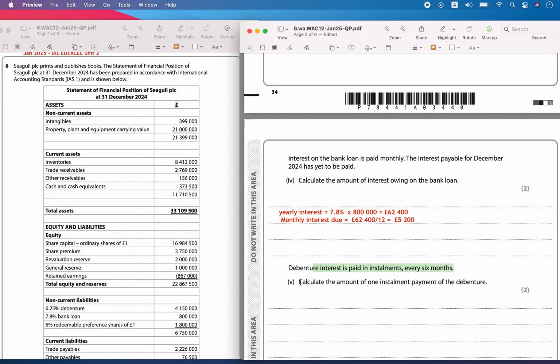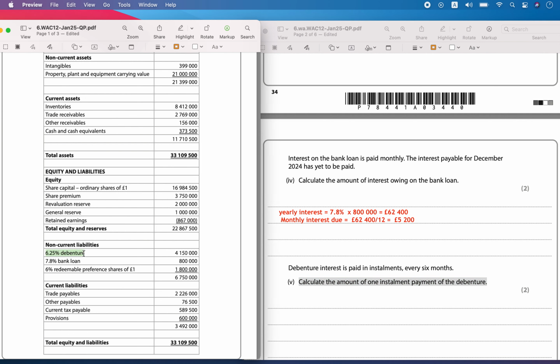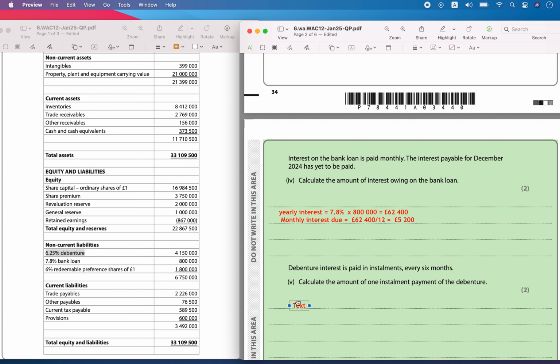Then debenture interest is paid in installments, every 6 months. Calculate the amount of the installment payment of the debenture. Let's calculate the yearly interest for the debenture payment, which is paid in two parts.